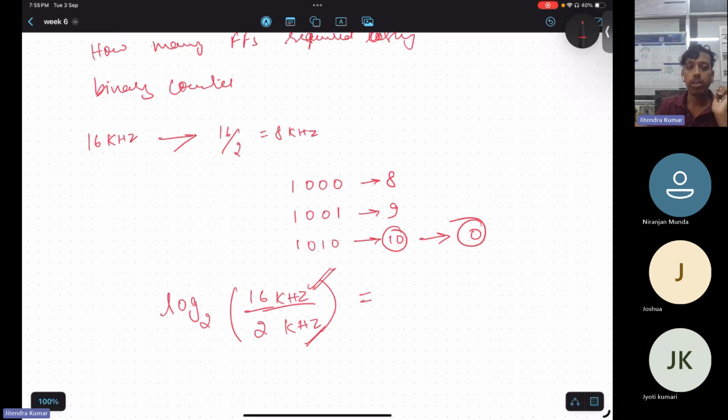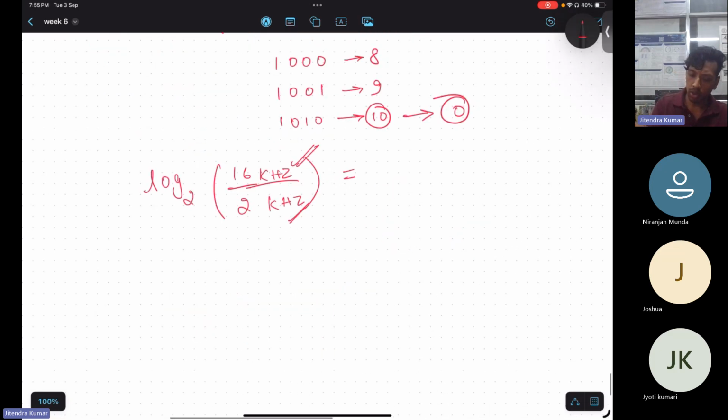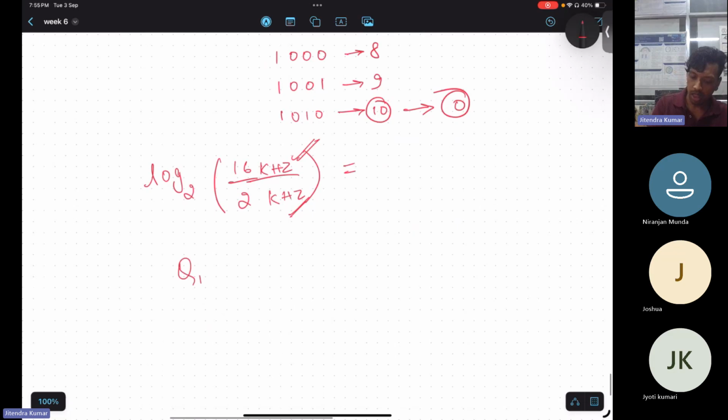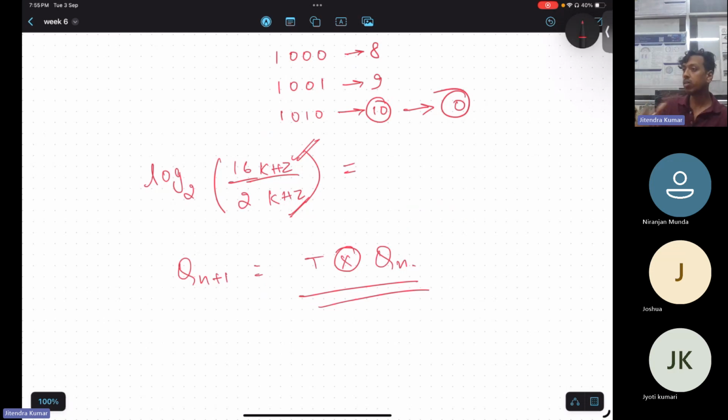And in a T flip-flop, the output Qn plus 1 is nothing but T XOR Qn. I hope I am correct. So whatever memory state you have is XORed with the T input, and that will be your output.